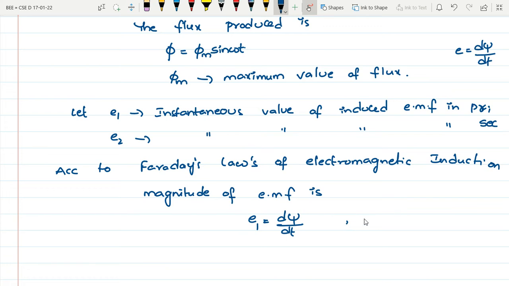In the same way, e2 is equal to, again, d psi by dt. Both are induced EMF only. Here psi is nothing but total flux linkages.